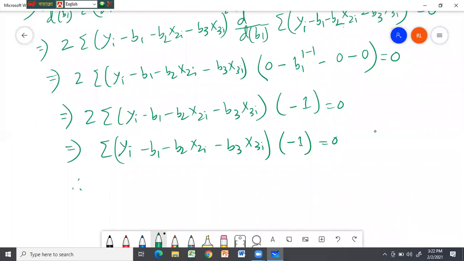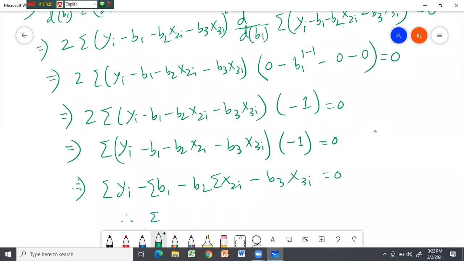So we have the summation of yi minus the summation of b1 minus b2 times the summation of x2i minus b3 times the summation of x3i equal to 0. So we can write the sum of yi equals the sum of b1 plus b2 sum of x2i plus b3 sum of x3i.